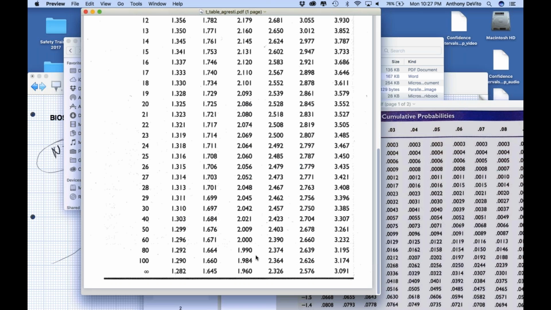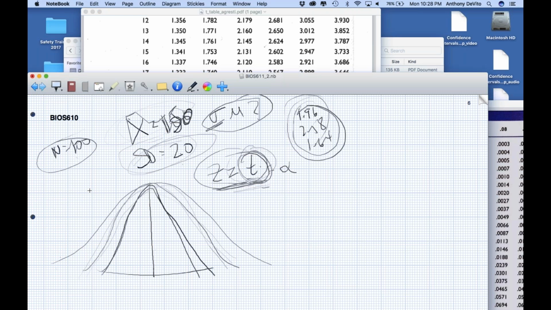So we would use the value 1.98 in place of the value 1.96. And to be honest with you, a lot of statisticians would say, since it's so close, why don't I just use 1.96, the z distribution? And that legitimately is the way a lot of statisticians might handle a situation where you have that big a sample size.